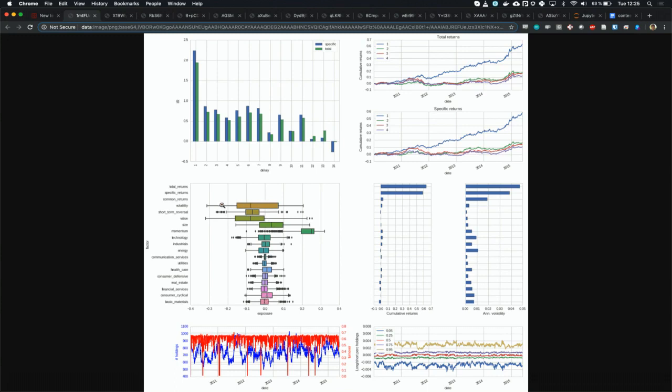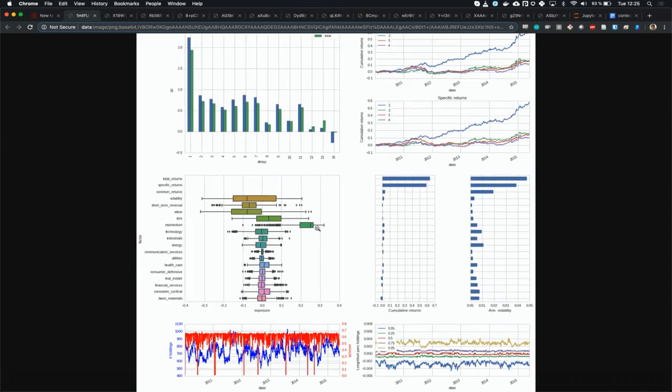Some of those have more variability than others, which means that there is some type of factor timing going on. And then, of course, momentum here actually does have a positive exposure. That is something that is very common with especially this estimates type of factor, that it's very easy to pick up momentum exposure because the people who are creating these estimates are also biased by things that have gone up. So it's very easy to pick that up.